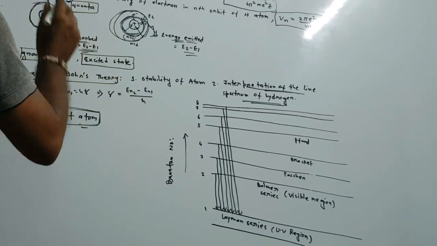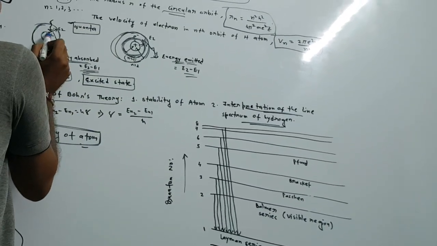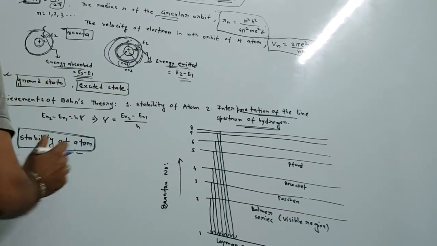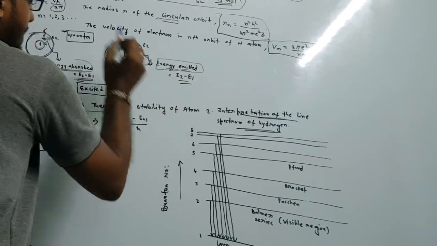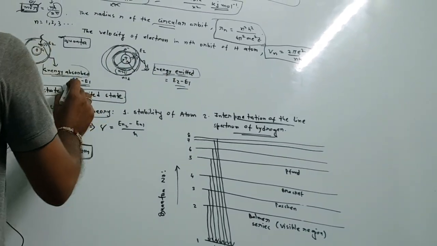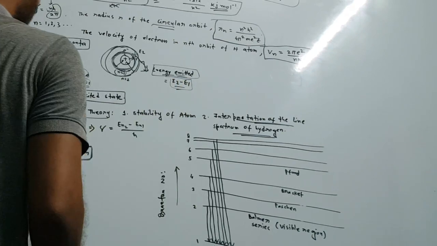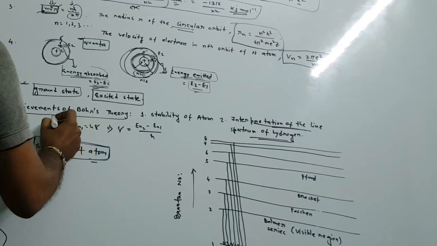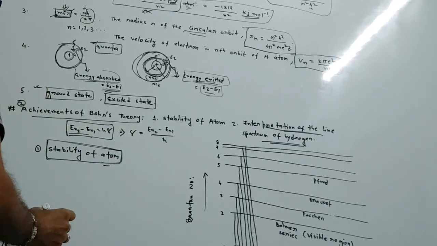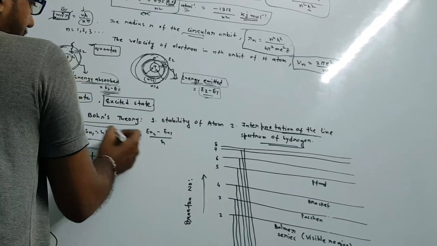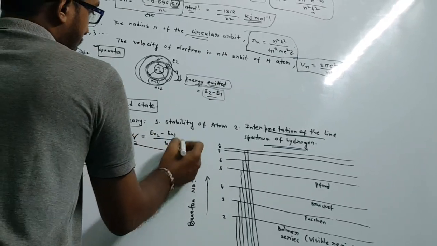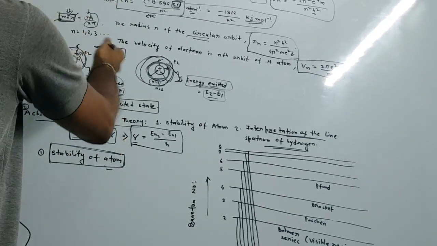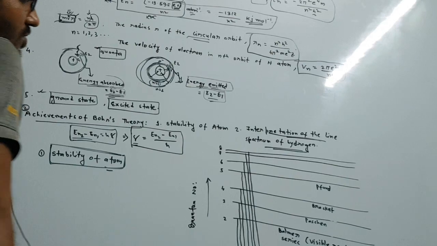We have learned that if the electron jumps from a lower energy state to a higher energy state, or comes from a higher to a lower energy state, it absorbs or releases energy. The energy difference is always E2 minus E1, and from Einstein, E equals h nu. So we can find the frequency of the light absorbed or released by the electron going between those states.